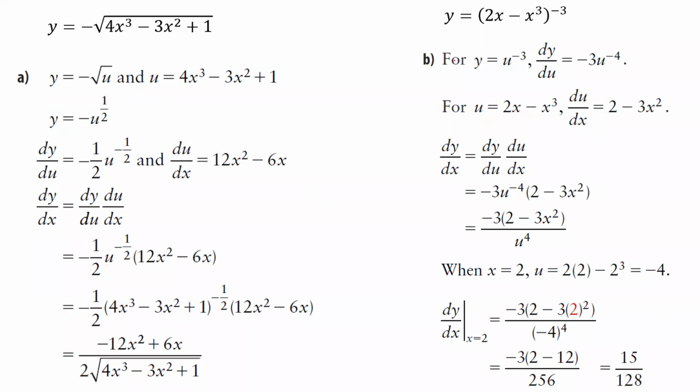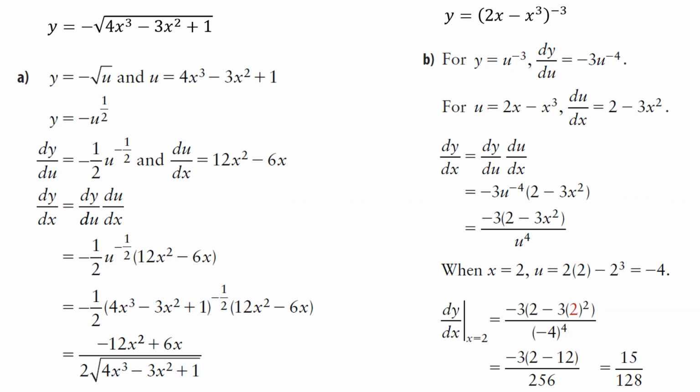Okay, if no questions, let's have a look at the second one. Second one, y equals something to the power of -3, right? So the outer function is something to the power of -3. The inner function is 2x minus x cubed. So we can let y equals u to the -3. Then the derivative of the outer function is dy by du, which is -3u to the power of -4.